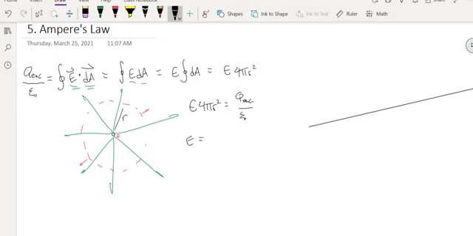That says we can write an expression for the field: E equals Q enclosed over 4 pi epsilon naught r squared. That's the same thing as writing K, Coulomb's constant, times Q over r squared, because K is 1 over 4 pi epsilon naught.